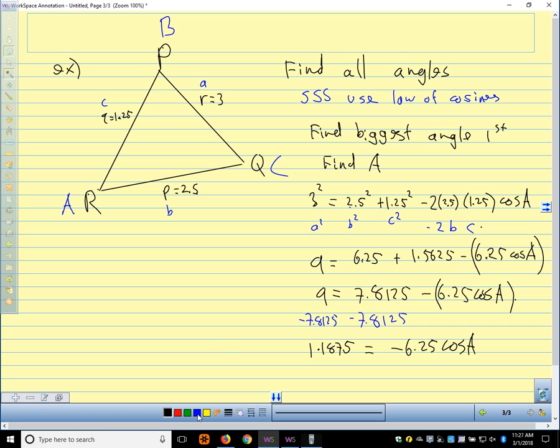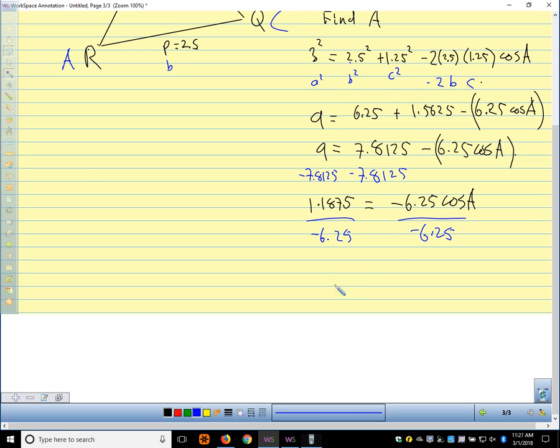So we divide both sides by negative 6.25. And these go away, and I get that cosine A equals 1.1875 divided by negative 6.25, which is negative 0.19.